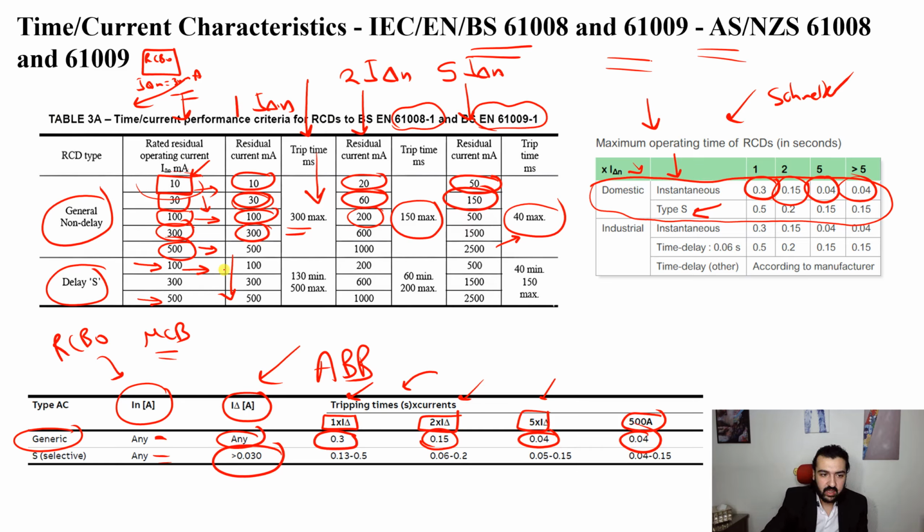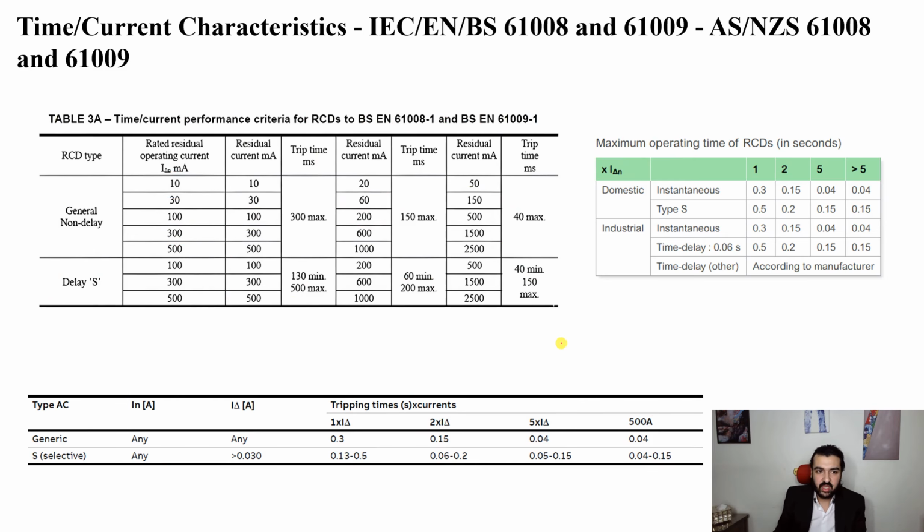Lastly, for delay, you can see between 130 and 500, same as here, up to 0.5 maximum operating time. The second one is from 60 milliseconds to 200, maximum value 0.2. And for 5 times, from 40 to 150, maximum value 150. So this is simply the translation of the code by ABB and Schneider.